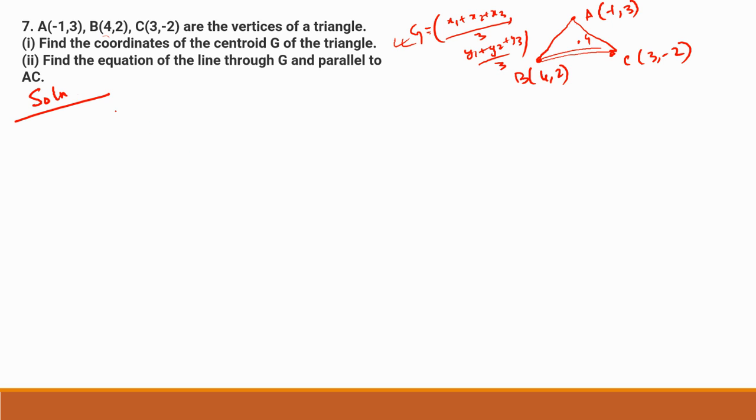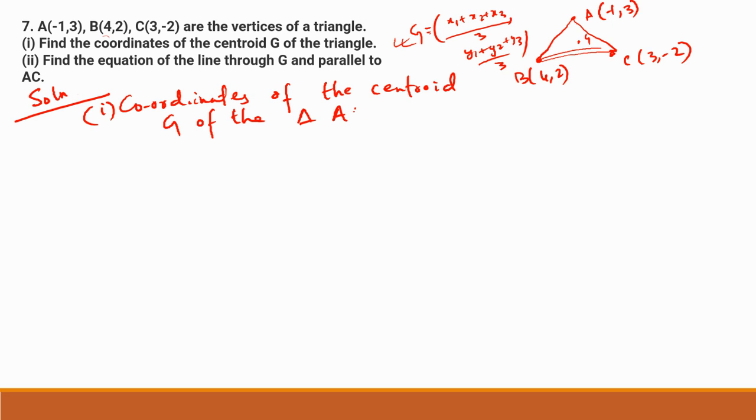All right. Now the coordinates of the centroid G of the triangle ABC is x1 plus x2 plus x3 by 3, comma y1 plus y2 plus y3 by 3.